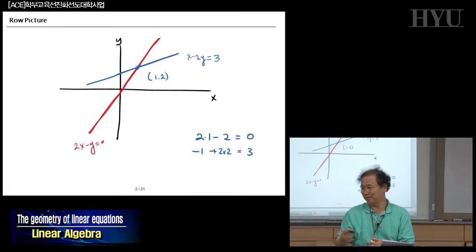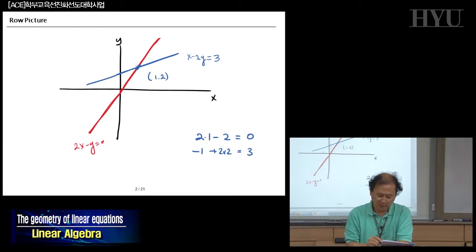So basically, one line represents each equation, right? Every point on the blue line satisfies this condition, and every point on the red line satisfies this condition, right?